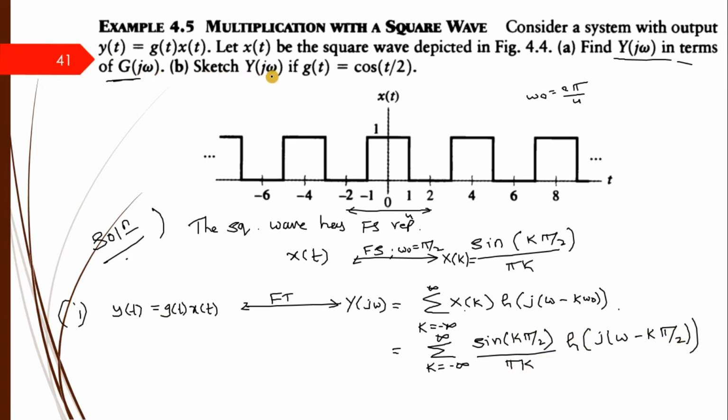Now second part, I have to substitute g of t is equal to cos t by 2. Now we know that if g of t is equal to cos t by 2, I'll directly take its FT. It's a periodic signal, I know. We have to apply FS, but we have already found out the FT of a cos signal in the very first relation.